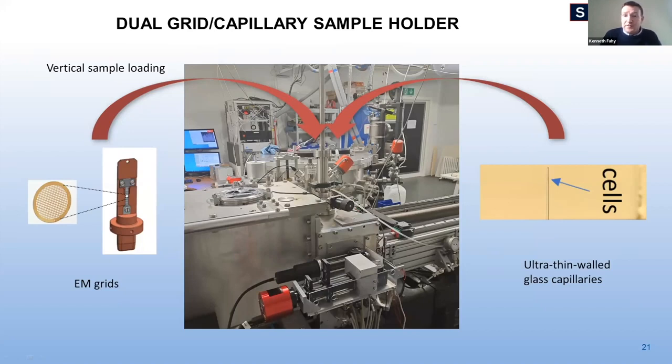The nice thing about capillaries is that they allow 180-degree rotation, thus eliminating the missing wedge of information that comes from limited tilt tomography. We will use our base cryo stage to facilitate capillaries as well. It just requires a modification of the sample holder, and users will have the option of using either grids or capillaries by around the end of March this year. We expect to roll out the capillary function then.